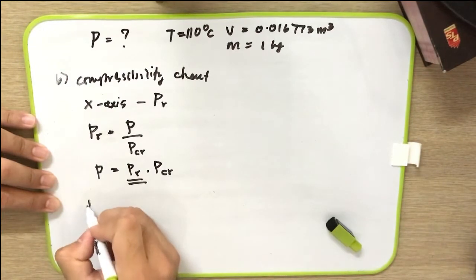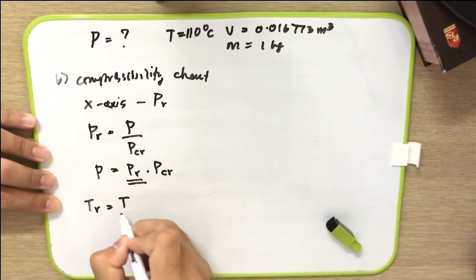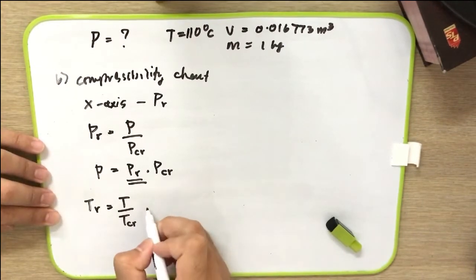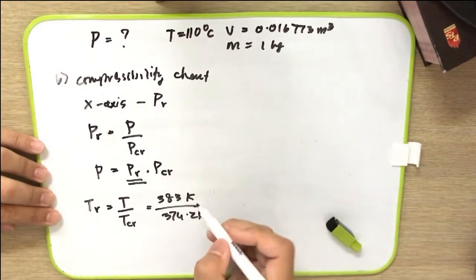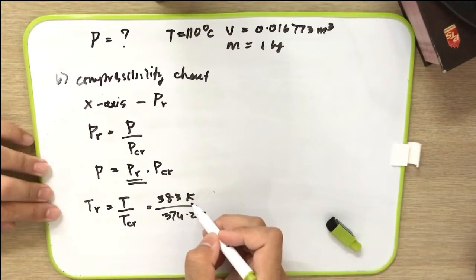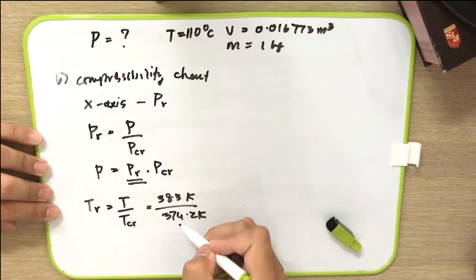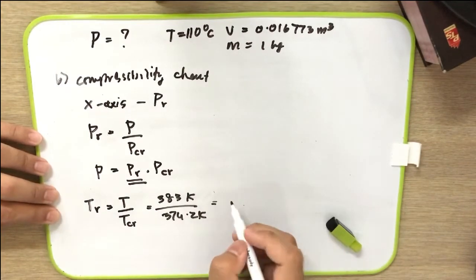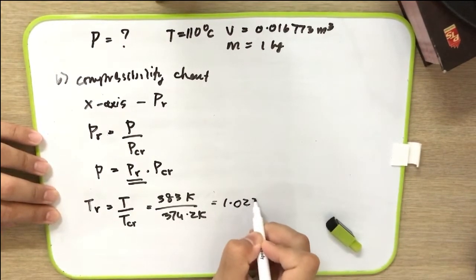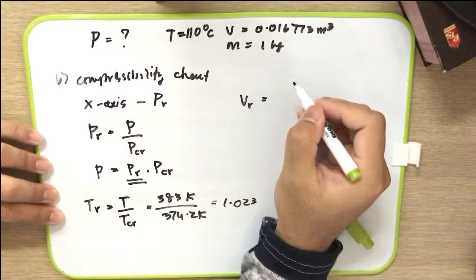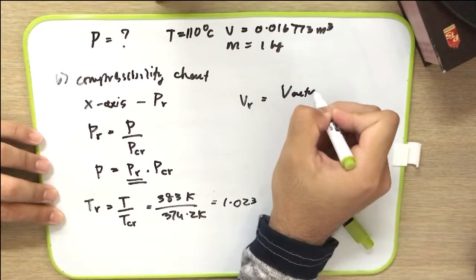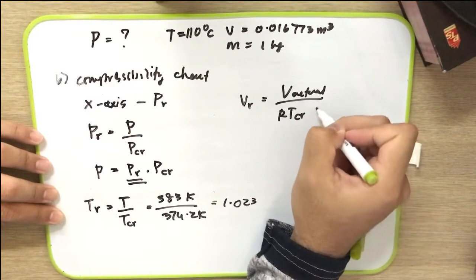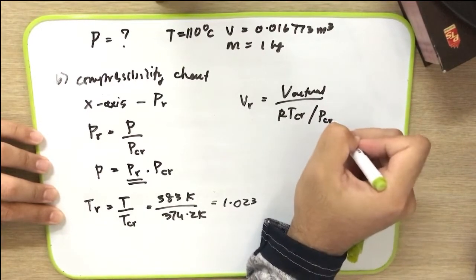First, we need to find the T reduced, which is T over T critical. The T critical we can get from table A1. So T given here is 110 degrees C or 388 Kelvin, and the T critical is 374.2 Kelvin for tetrafluoroethane. Then we get TR is 1.023. For V reduced, we can find through the equation of V actual over R T critical over P critical.